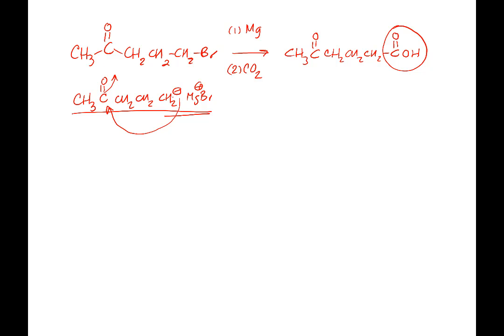But what we lose track of when we write reactions on paper is that I'm not just reacting one molecule. There are billions of these molecules in the solution. So more than likely, that Grignard, once it was made, would react with another carbonyl.